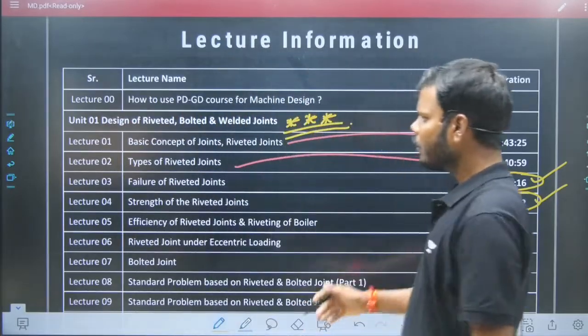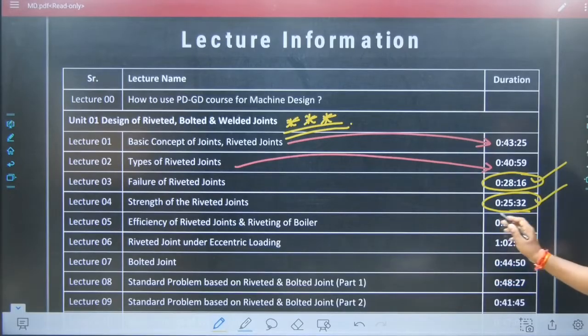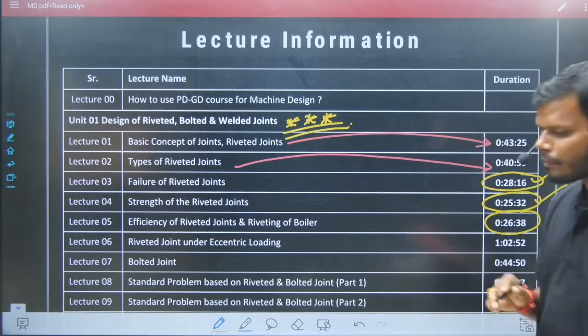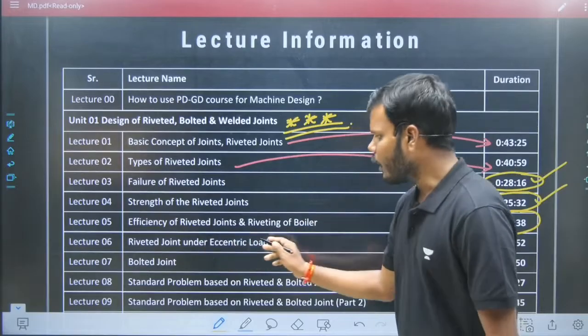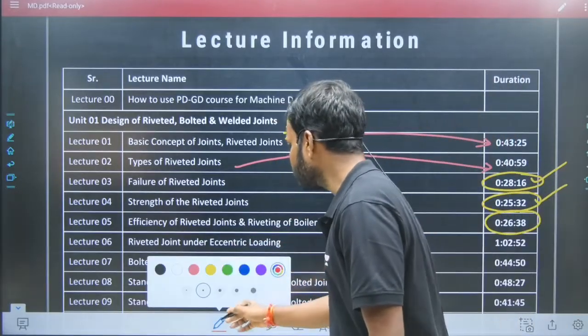Next, efficiency of riveted joint and riveting of boilers will be covered in 26 minutes 38 seconds. Similarly, riveted joints under eccentric loading. Again, this topic is also very important.